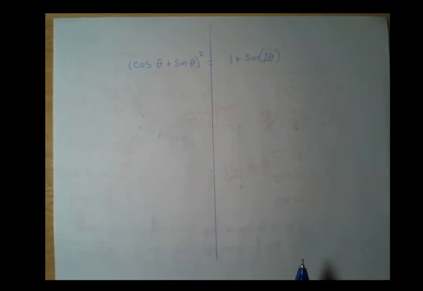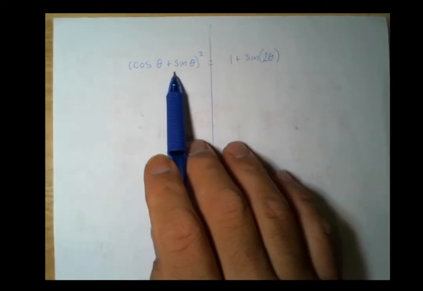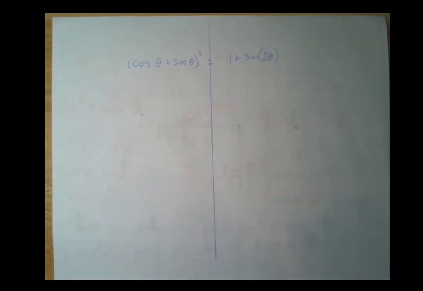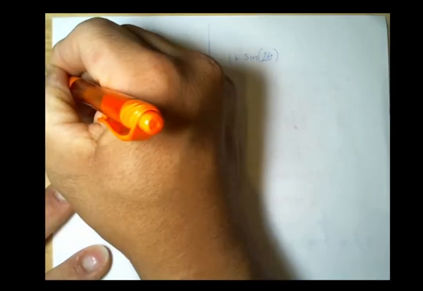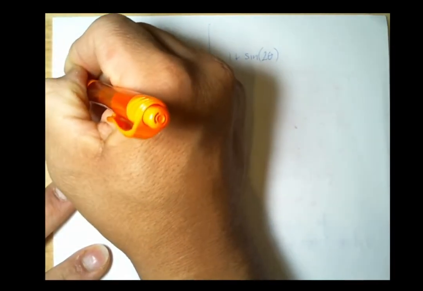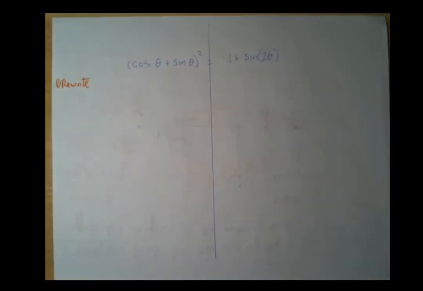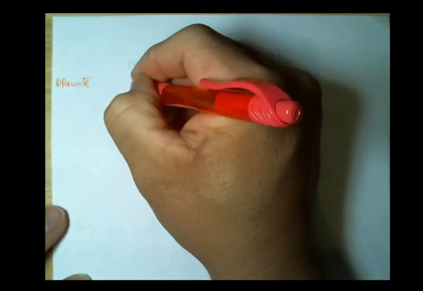Again, feel free to work with either side. Looking at this, for me, this one is more complicated, in the sense that there's more to do. So the first thing I'll do is simply rewrite this, just to recognize the squared part. So the first step I'm just going to rewrite.